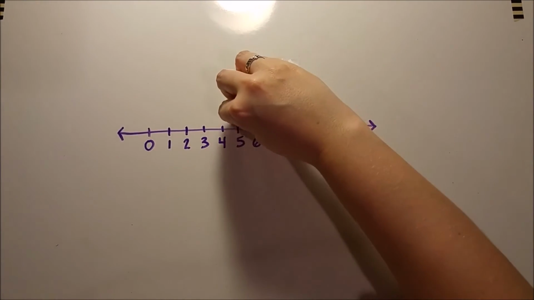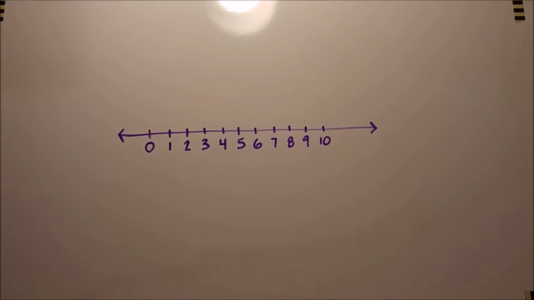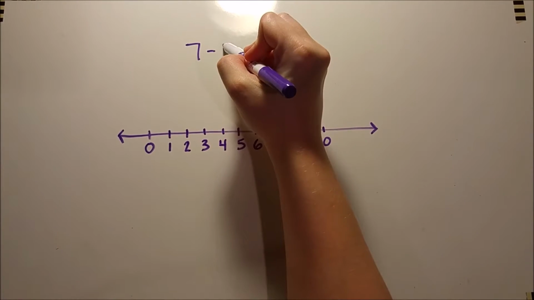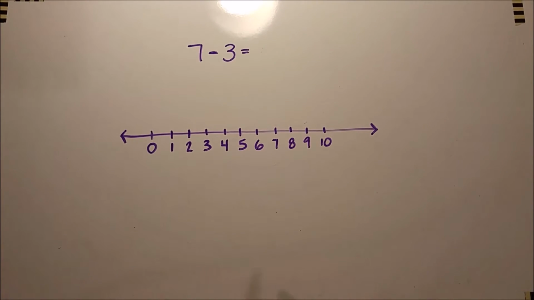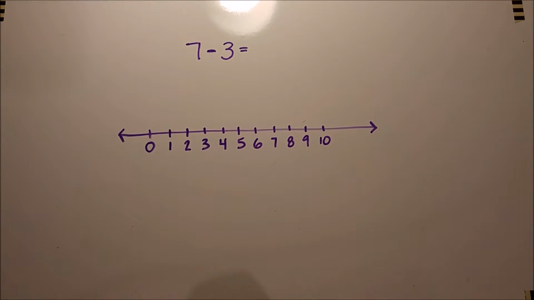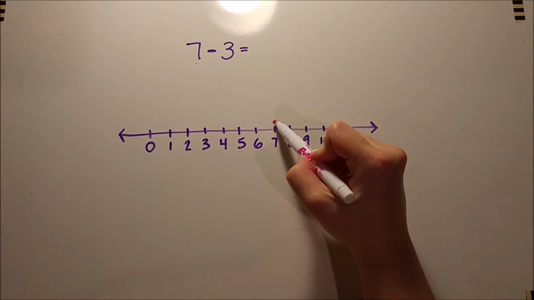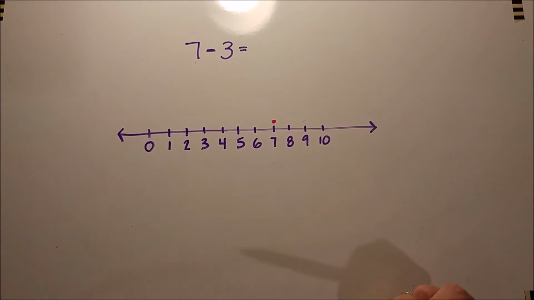So that's adding. What about subtracting, taking away? Do you remember which way I said we would go? Say we have 7 minus 3. Now that's our minus sign for take away. We're going to start with 7. We're going to take away 3, subtract 3.